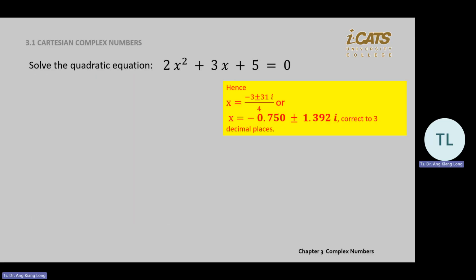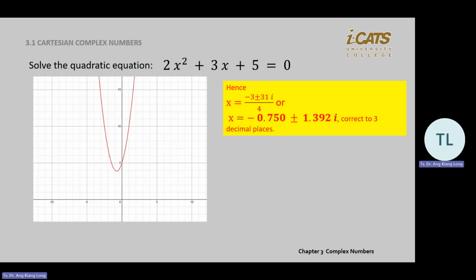Okay, so if you plot the graph of a quadratic equation, you know that in chapter 3, your y-axis is imaginary and your x-axis is real numbers. It never crosses the x-axis. There is no intersection with the x-axis.